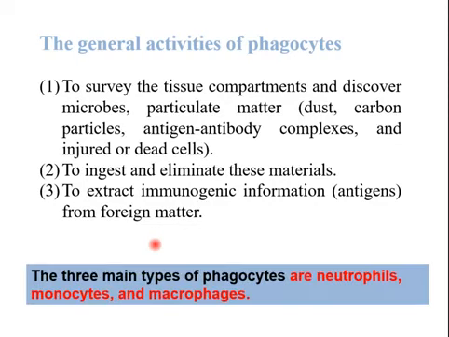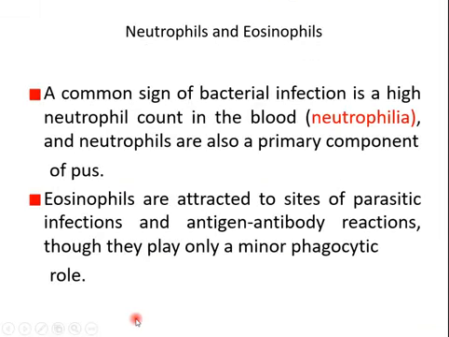As you know, we have three kinds of phagocyte cells, including neutrophil, monocyte, and macrophages. Neutrophils versus eosinophil. A common sign of bacterial infection is a high neutrophil level in blood, which is called neutrophilia.